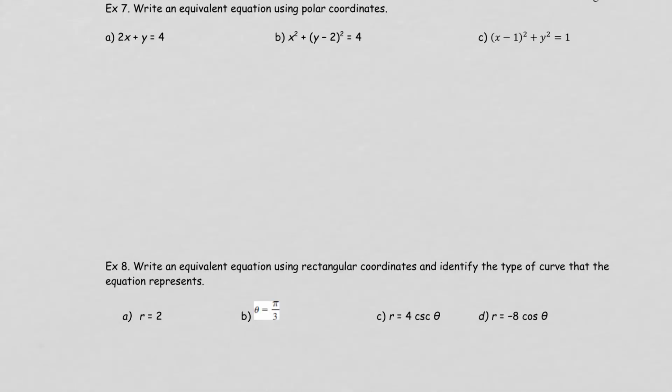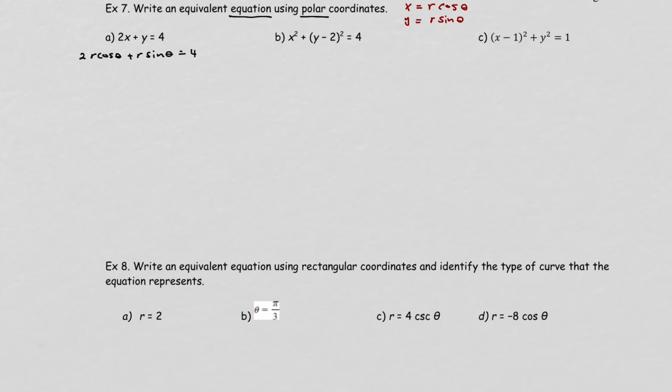Now we're going to look at how to convert from equations to polar equations. In order to do that, you need to remember any x you see, you're going to replace with r cosine theta. Any y, you're going to replace with r sine theta. So if we use that, this first one right here, you can say 2 times x, which will be r cosine theta, plus y, r sine theta, equals 4.